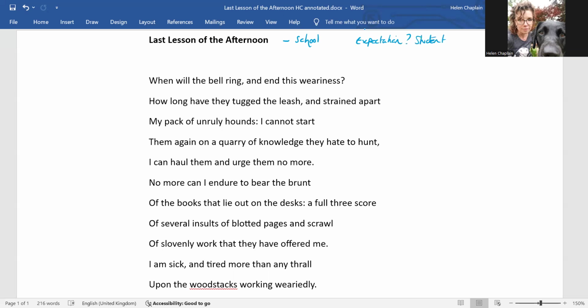And in last lesson of the afternoon, we can pick up that there is alliteration. We're only ever going to comment on alliteration if we've got something sensible to say about the effect of it, because otherwise it's very easy to spot a repeated letter. It's less easy to be convincing about what it means.